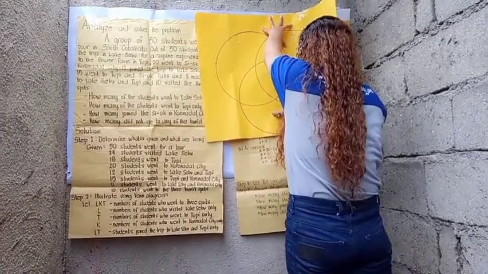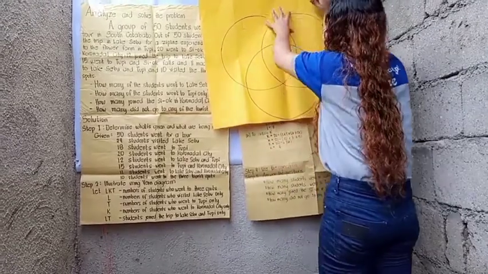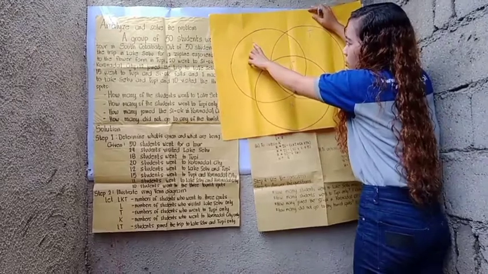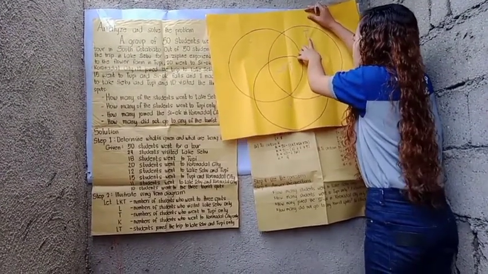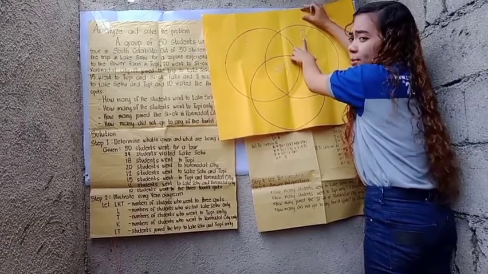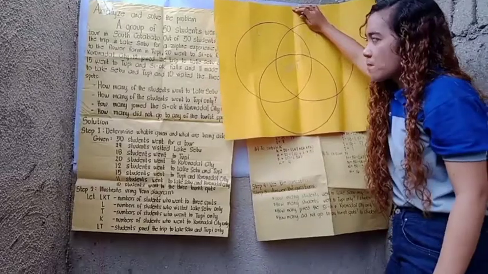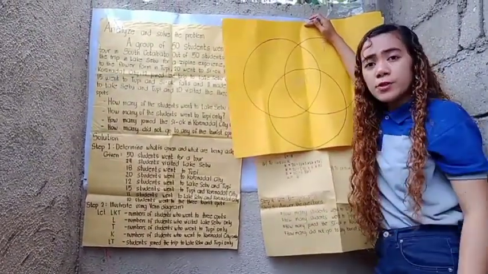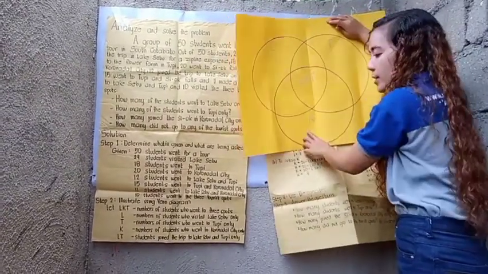And then these are for the students who go to the Coronadal City. So these are our main variables. We have the Lake Cebu, which is the variable L, and the Tupay, which is represented by the variable T, and then the key for the Coronadal City. So these three circles represent the number of students who go to Lake Cebu, to Tupay, and Coronadal City.